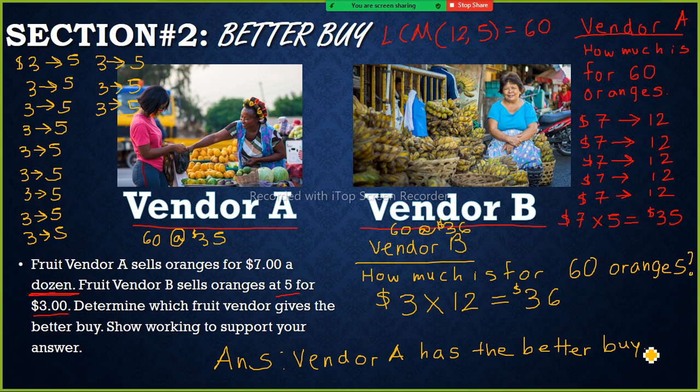What if one is giving you some for free and the next one isn't giving you anything for free? Like what if one said buy a dozen oranges, get 5 oranges free, but the other person was still selling theirs for $3? I saw a couple of those on the BGCSE paper.